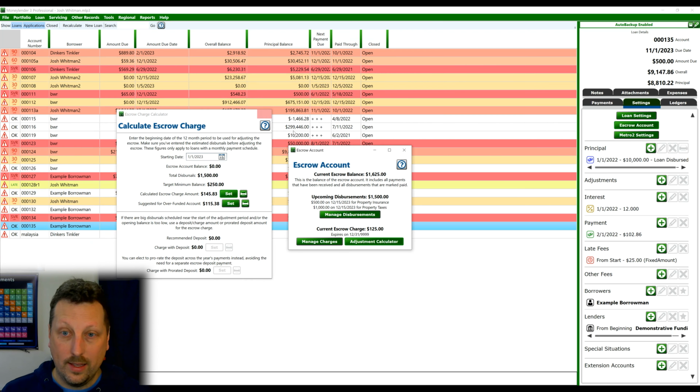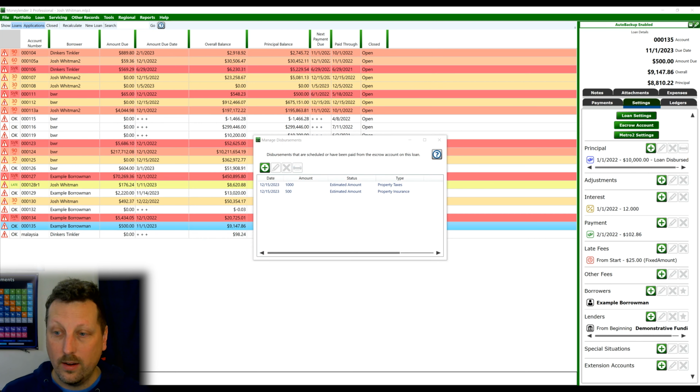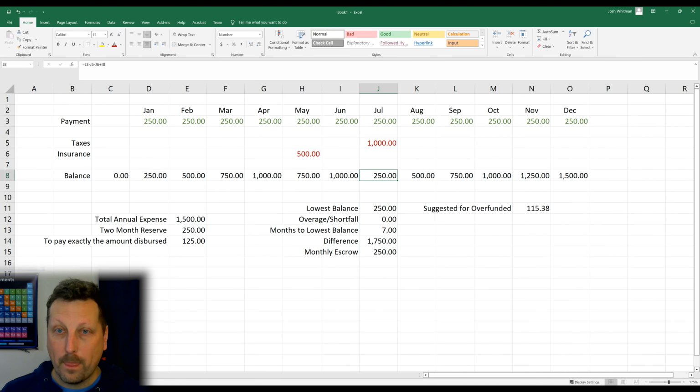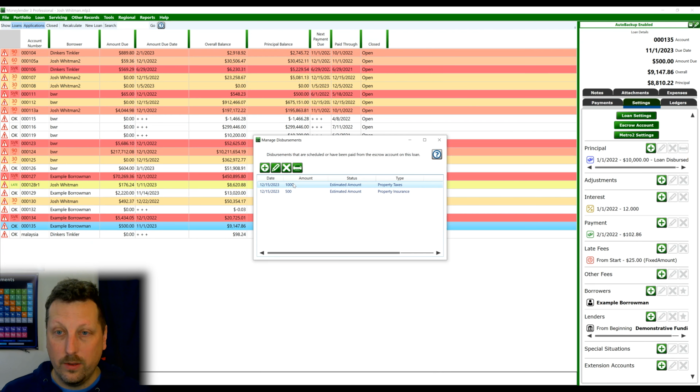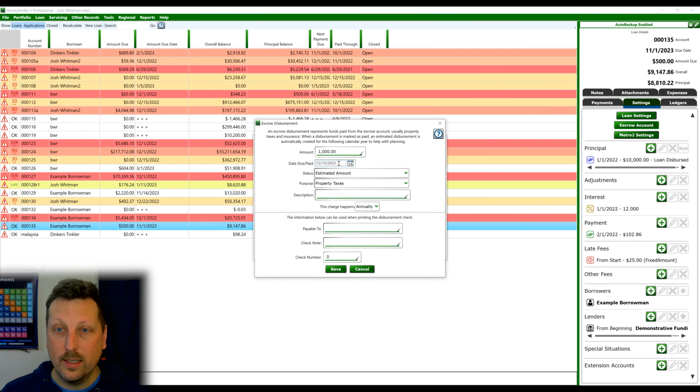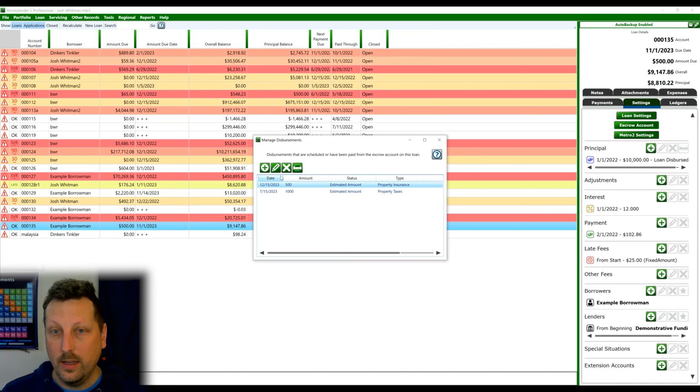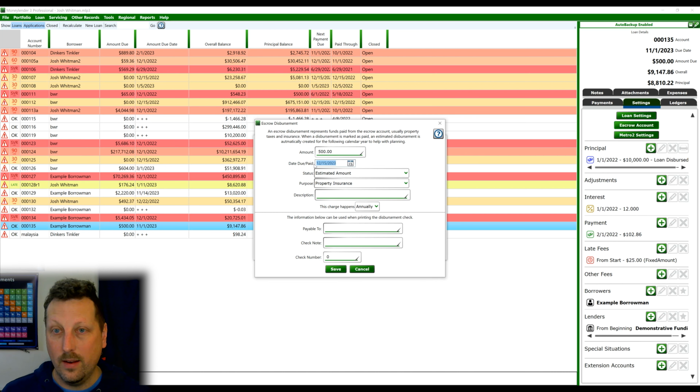So if we were to make that same adjustment here, of July and May, so if we go to the property taxes are in July and the insurance is in May.